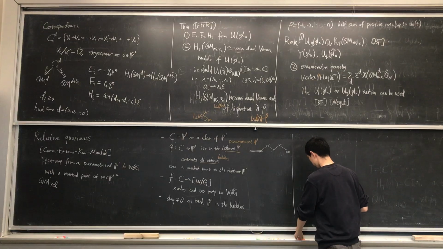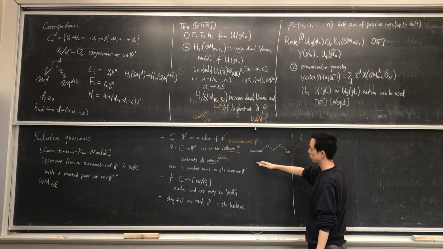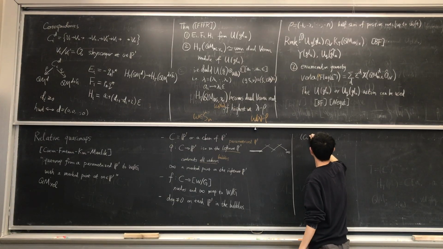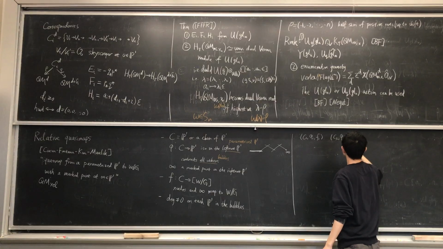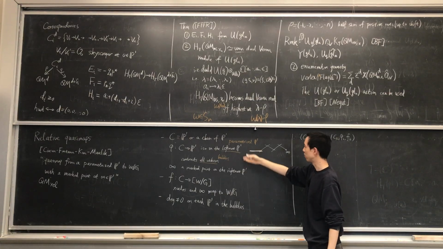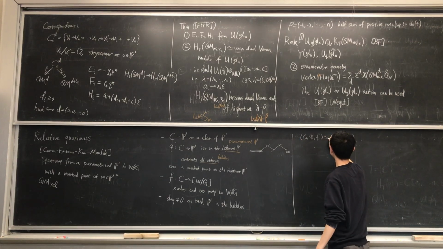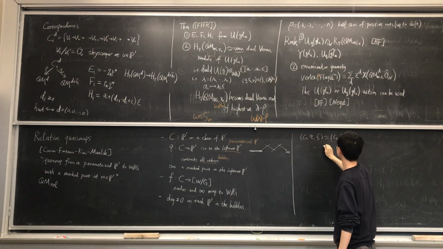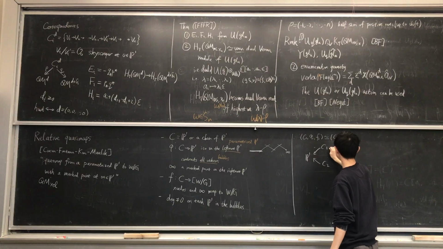So if I have two quasimaps, they are isomorphic if there's a map between them so that all the data are compatible. So you have C1, C2, and you have two projections.